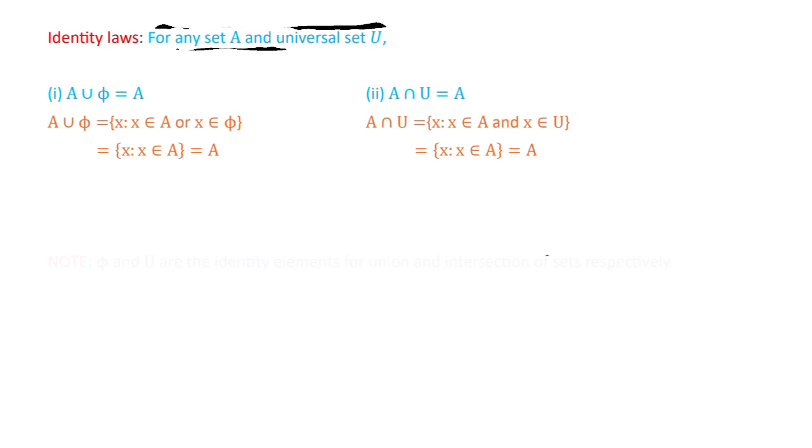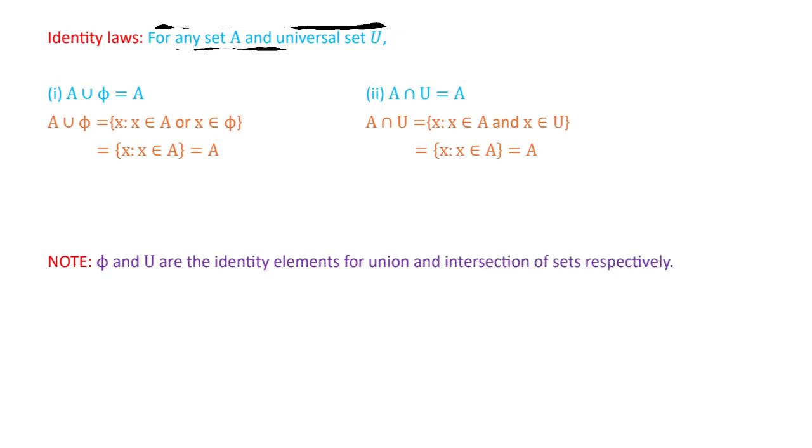Now what we can see from this result is that phi and U are the identity elements of union and intersection of sets respectively.